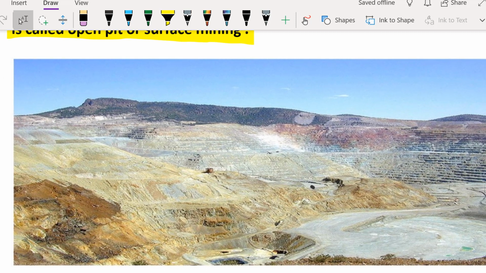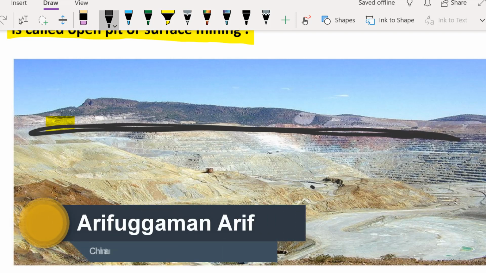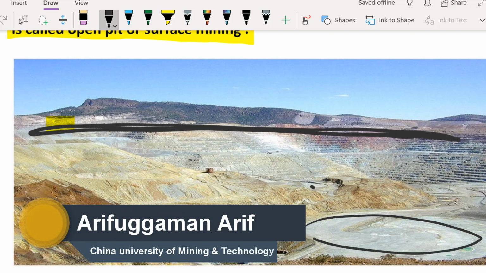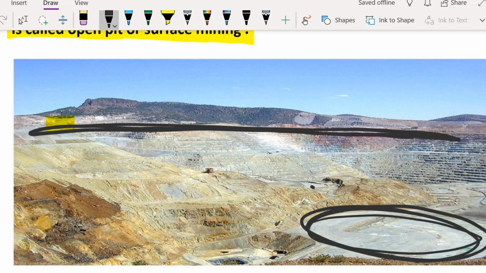If you carefully notice this picture, you will see this is the surface level of the mine and this is the bottom level. From here we are extracting the minerals and there is no overburden to extract the minerals.